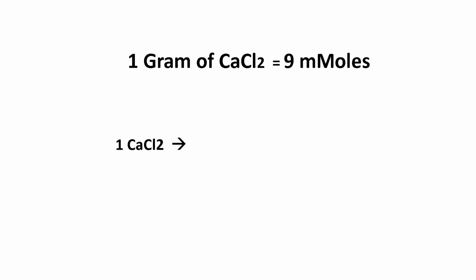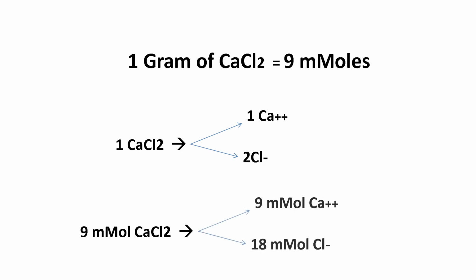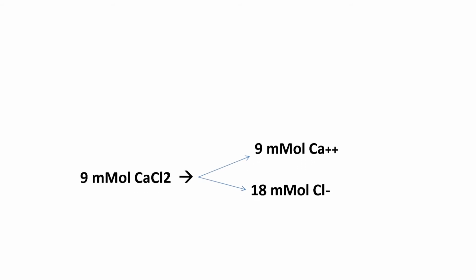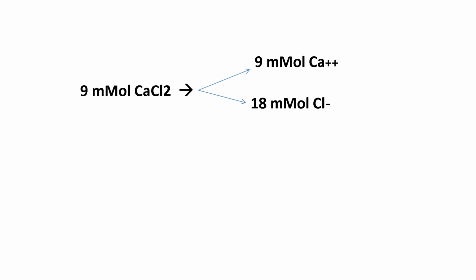We can see that 1 calcium chloride dissociates into 1 calcium and 2 chloride ions. 9 millimoles of calcium chloride will dissociate into 9 millimoles of calcium ions and 18 millimoles of chloride ions. We know milliequivalent is equal to millimoles multiplied by the valence.